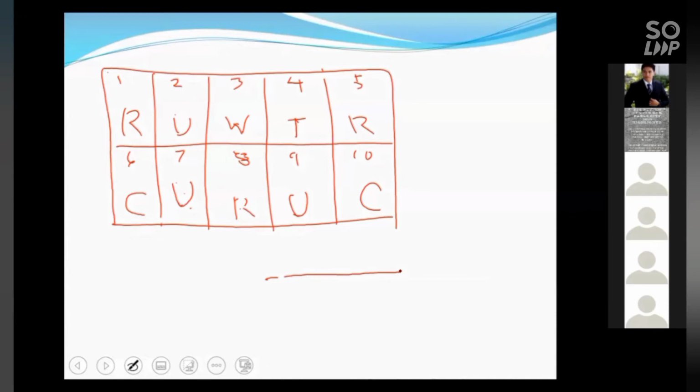So remain 8 pa rin yung value. Pagdating mo sa 7, it is not a whorl. Pagdating mo sa 9, it is not a whorl. So you still have 8. So you must add 1, the arbitrary. So your denominator must be 9. Okay? Next.